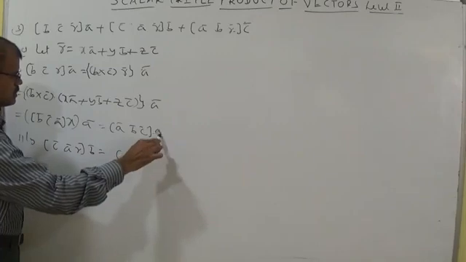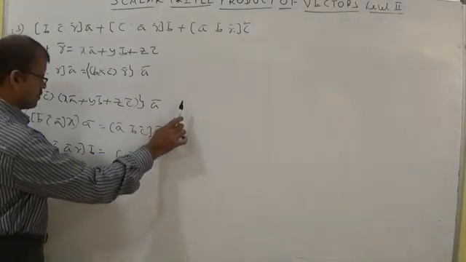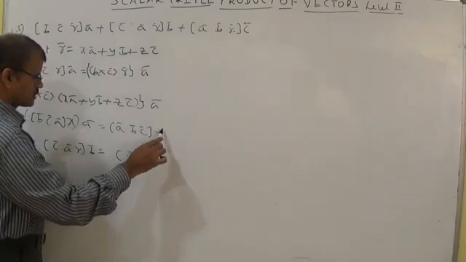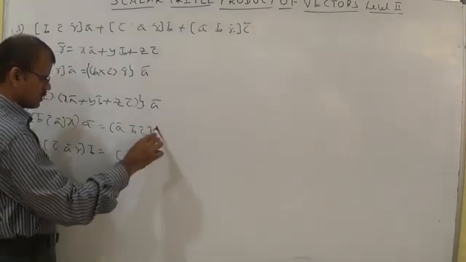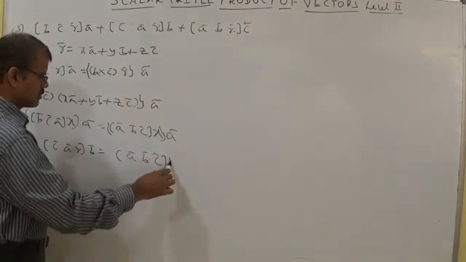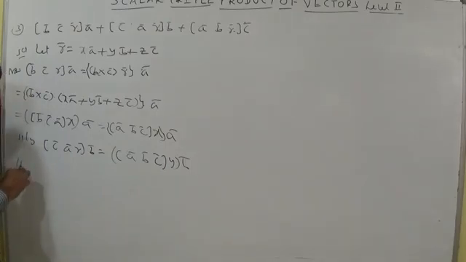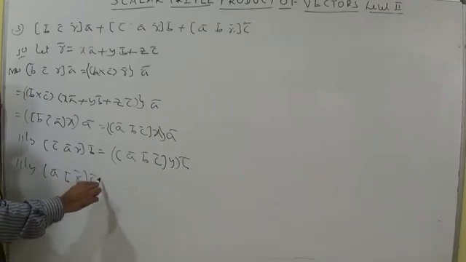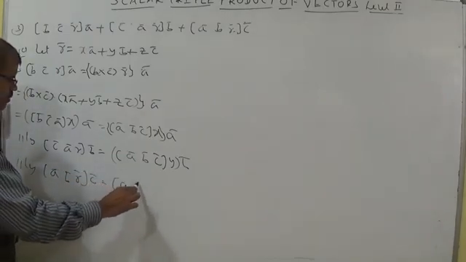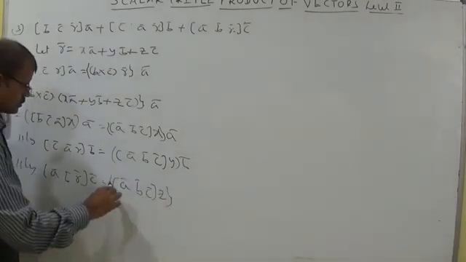Box ABC into x into A bar, box ABC into y into B bar. Similarly, once again, box ABR into C bar we can write as box ABC into z into C bar.